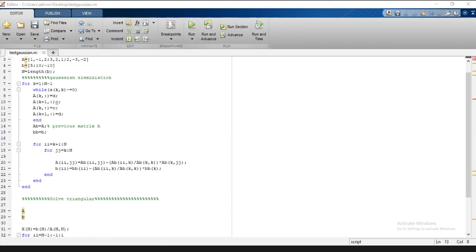What did I do wrong? There's some mistake here. Right. It's big A. Shouldn't it be while A_kk is equal to 0? Yeah, it's equal. Yes, sorry. Right. Okay, now it's correct.